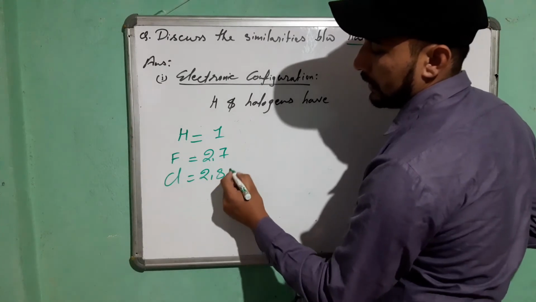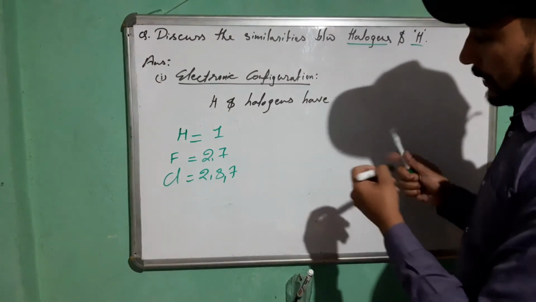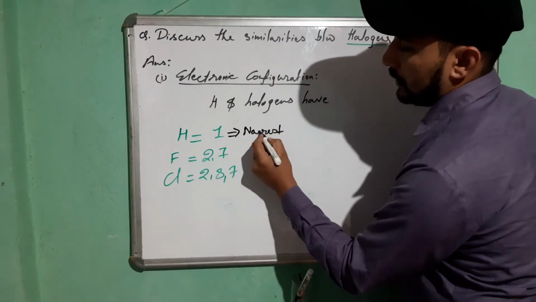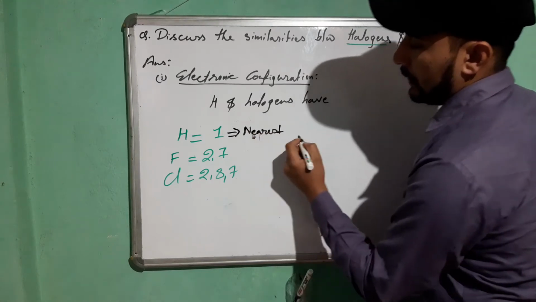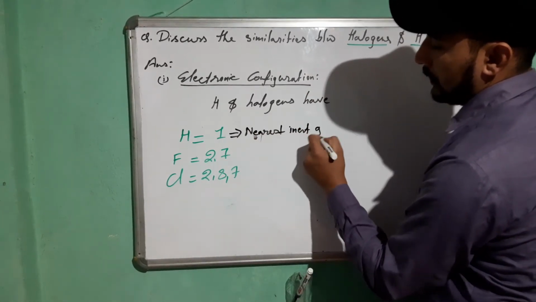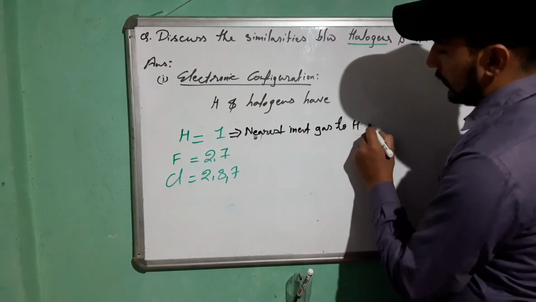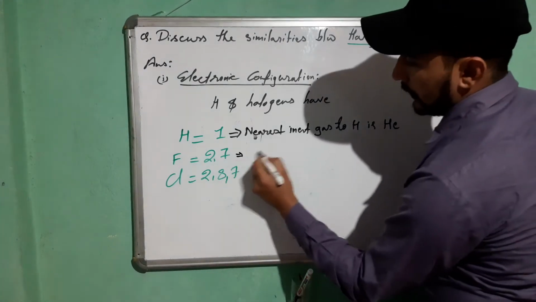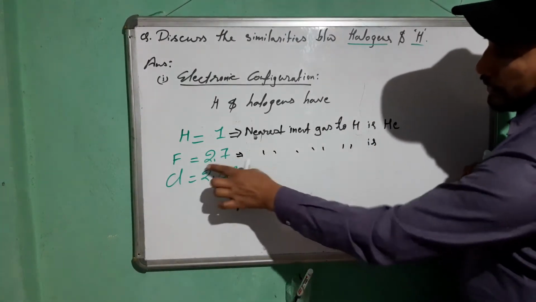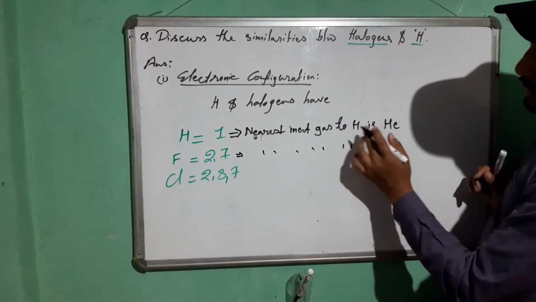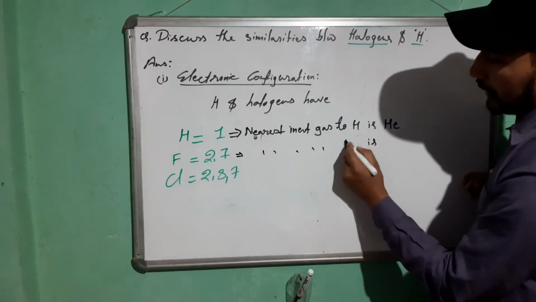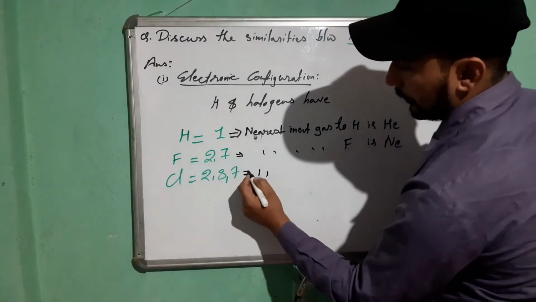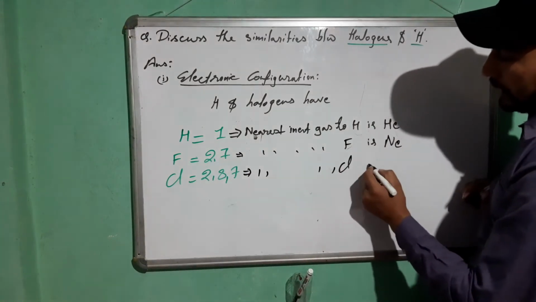The nearest inert gas to hydrogen is helium, the nearest inert gas to fluorine is neon, and the nearest inert gas to chlorine is argon.